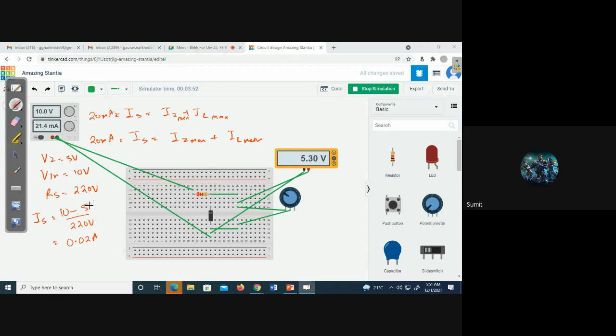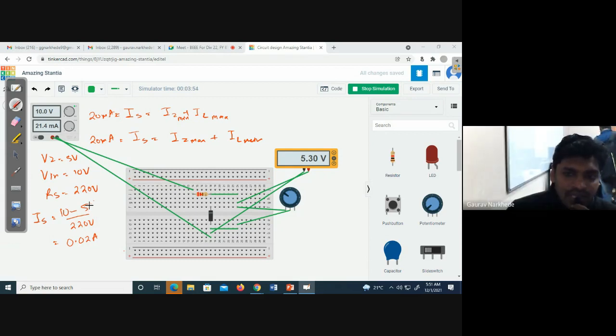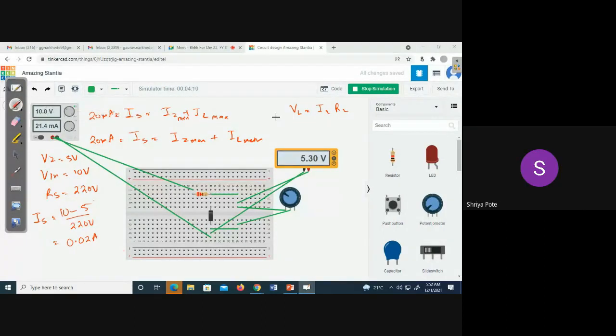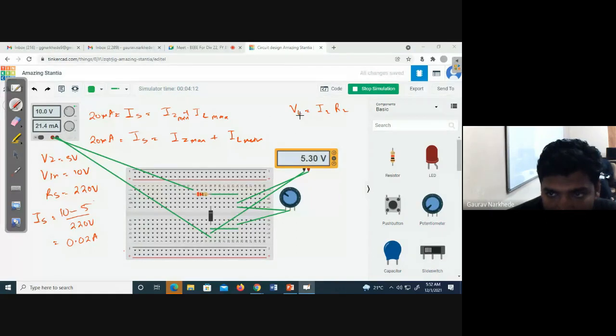Now see here. What is IZ minimum? सुनिए. VL is equal to IL into RL. Right? So V in कैसा है? Constant. So VL कैसा है?